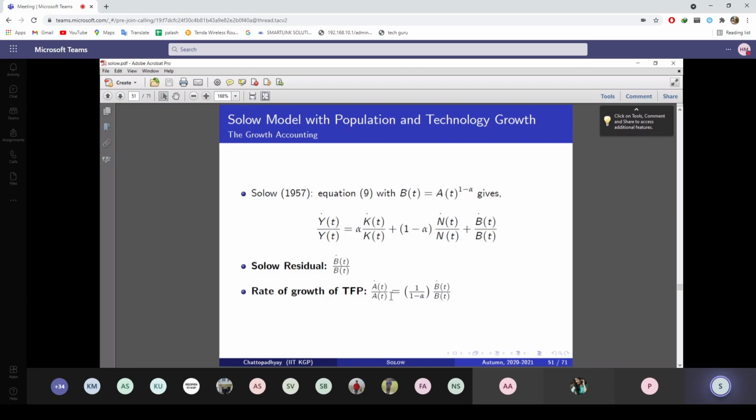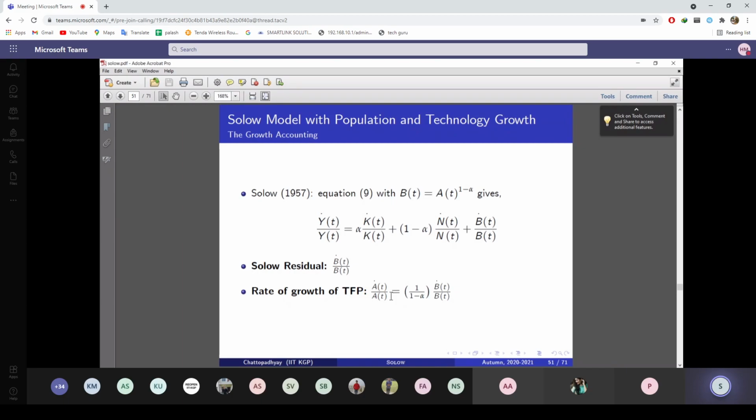Then what I have to match: suppose I'm getting an average of something like 2% from 1960 to 2010. The average rate of growth of technological progress in USA is basically 2%. Now, I also have per capita output data of USA from 1960 to 2010.